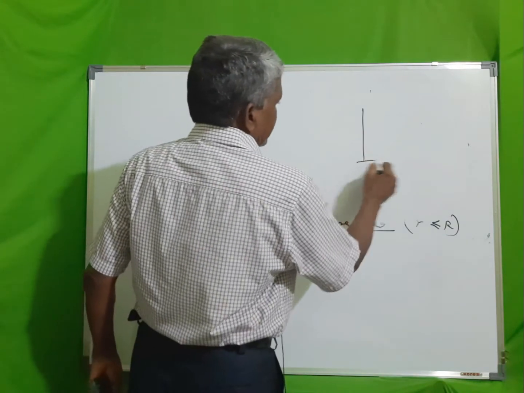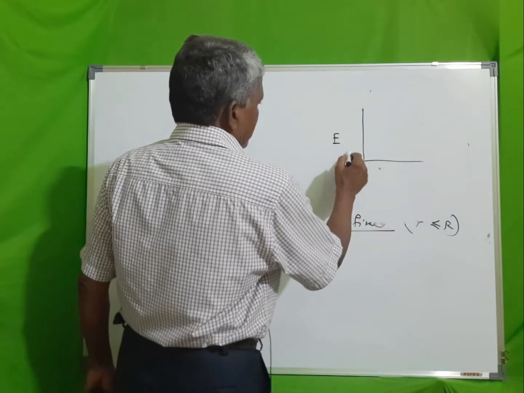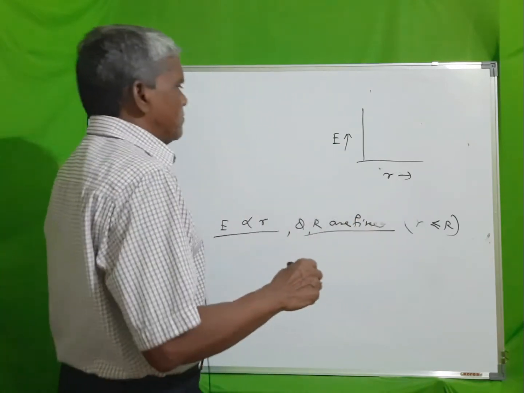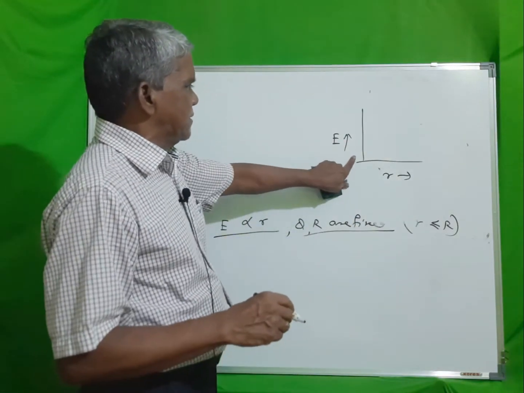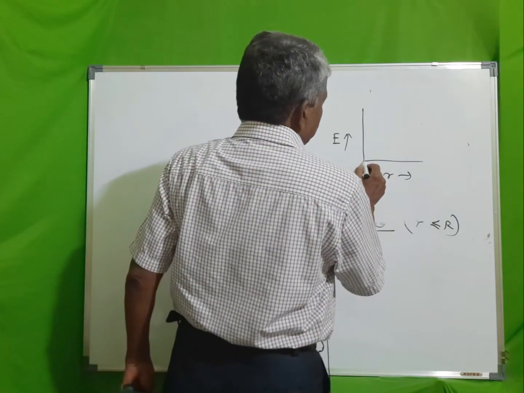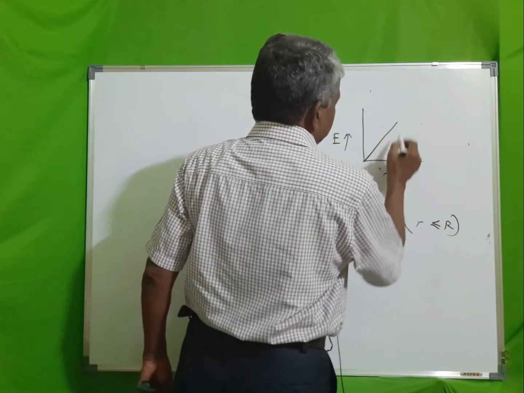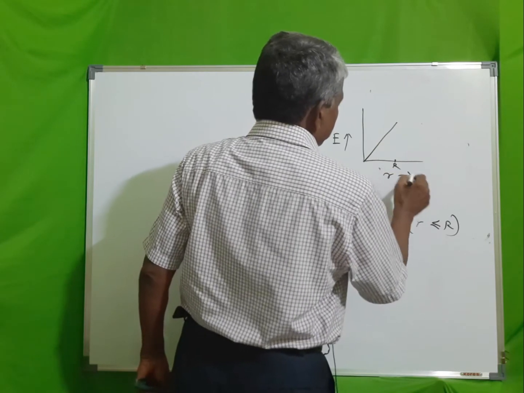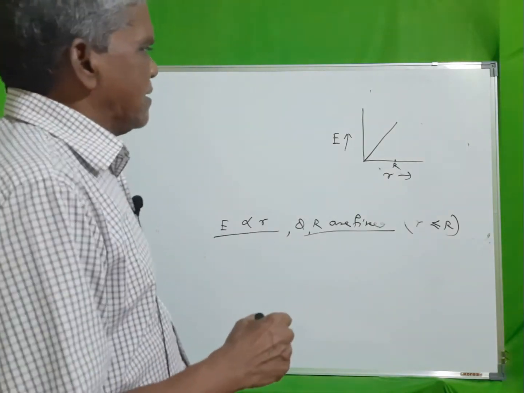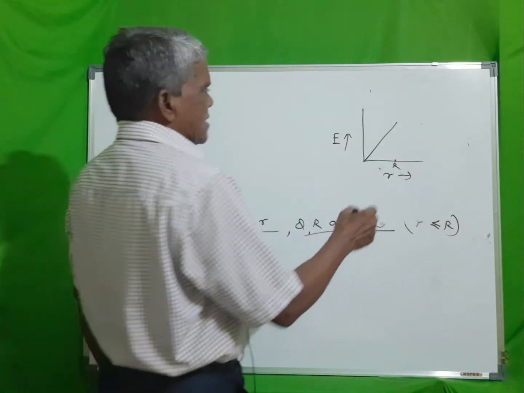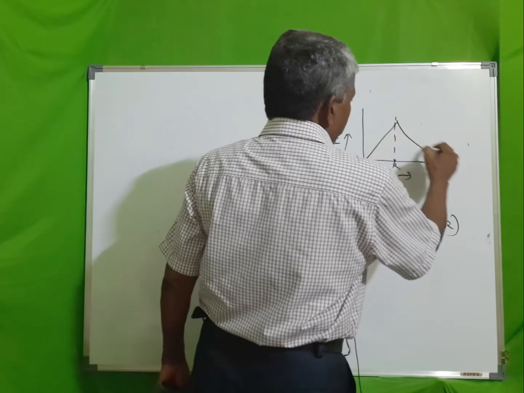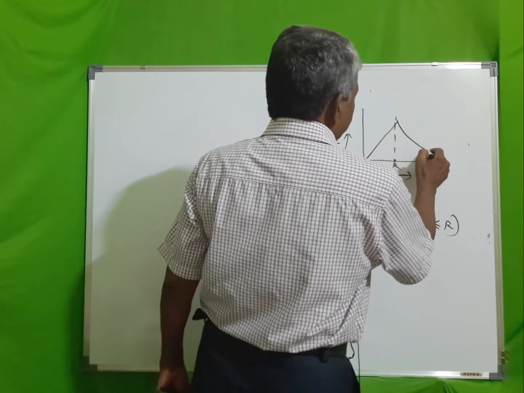If we plot electric field along the y-axis and distance of the point from the center along the x-axis, till the distance is equal to the radius the variation of field is directly proportional to the distance, and beyond which the variation of field is inverse square.